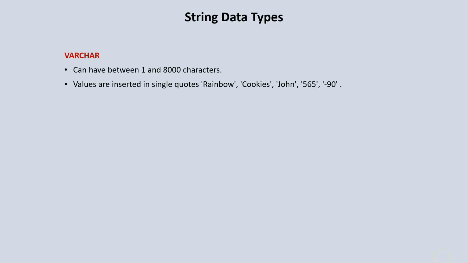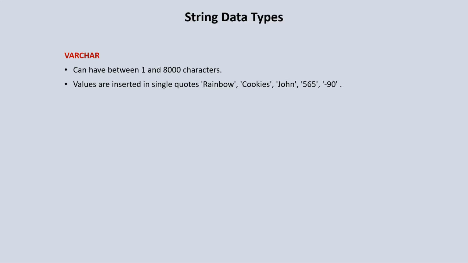When we look at the string data types, the string data type is used to store character values, and this could be a letter or words. The varchar, which is variable character, can store between 1 and 8,000 characters. Another important point is that within string data types, we have to insert the values inside of single quotes.